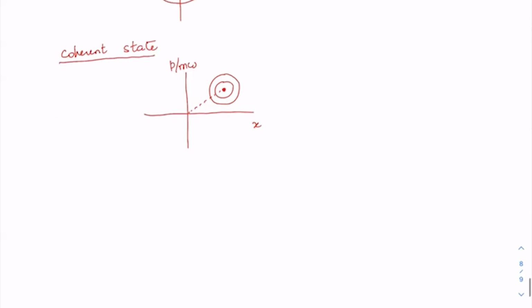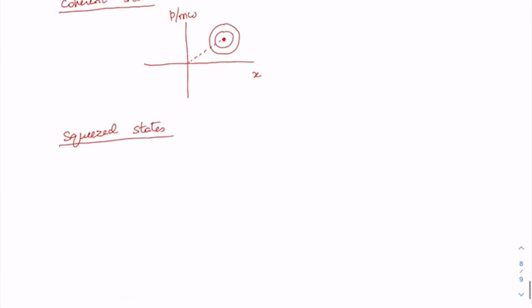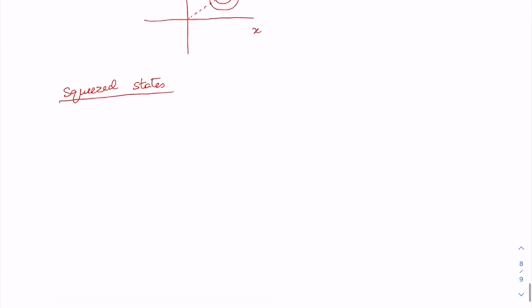And now what about the squeezed states? Squeezed states are the states where one of the quadratures is getting squeezed while the other one is getting amplified. So here you will have, say, this is the x-axis and this is P by M omega, the Wigner distribution function.